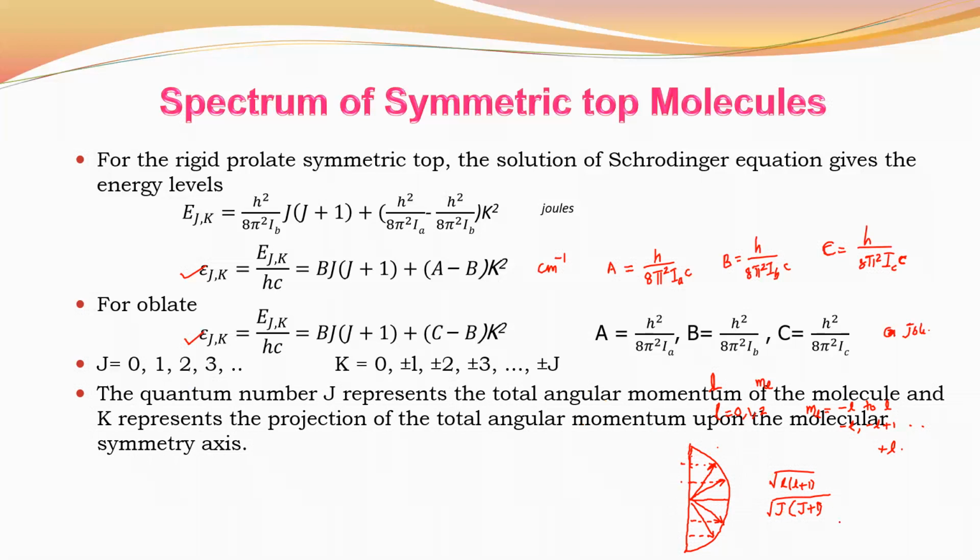In the case of quantum mechanics, if we write L and ML for a particular quantum number L, this must be 0.